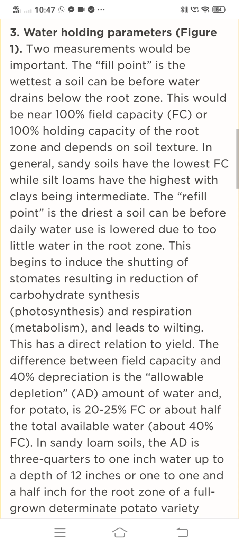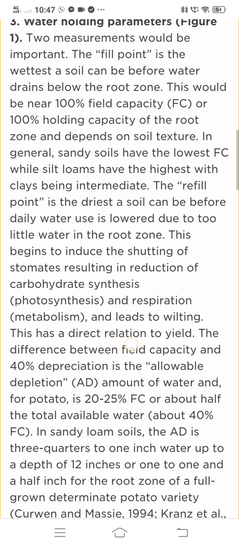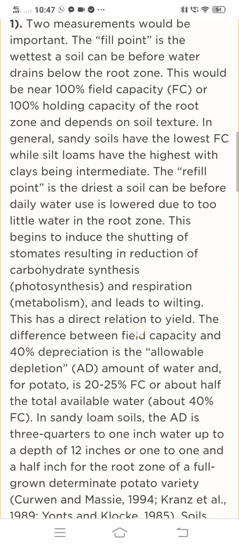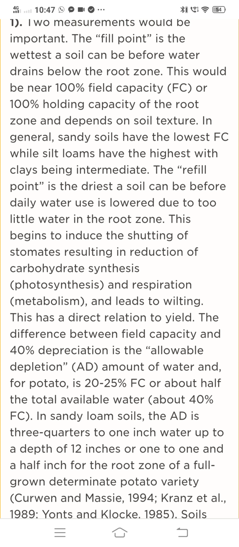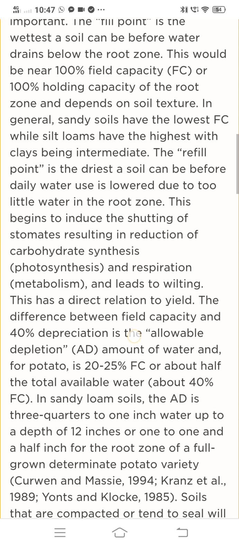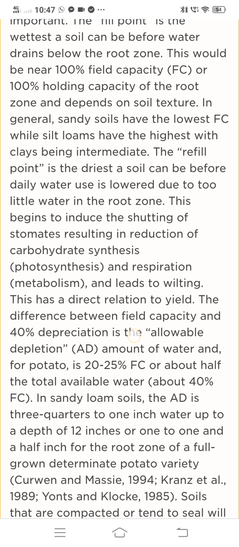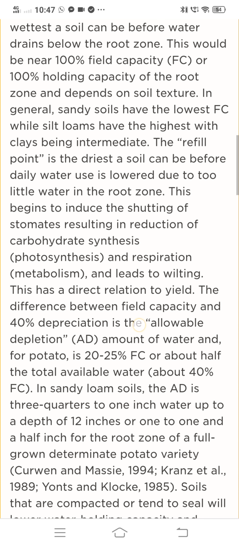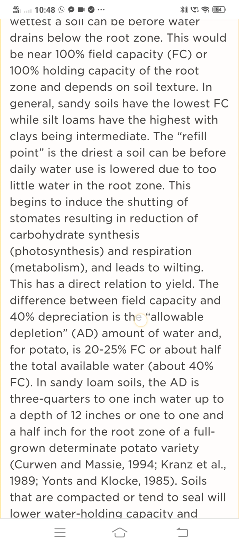Now, its capacity depends on the soil texture. In general, sandy soil has the lowest field capacity, while silt loam has the highest, with clay being intermediate. So the particle size and the granulation matter.